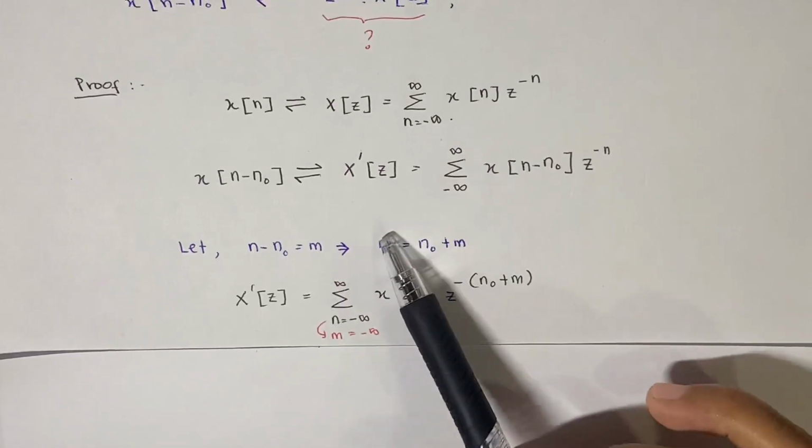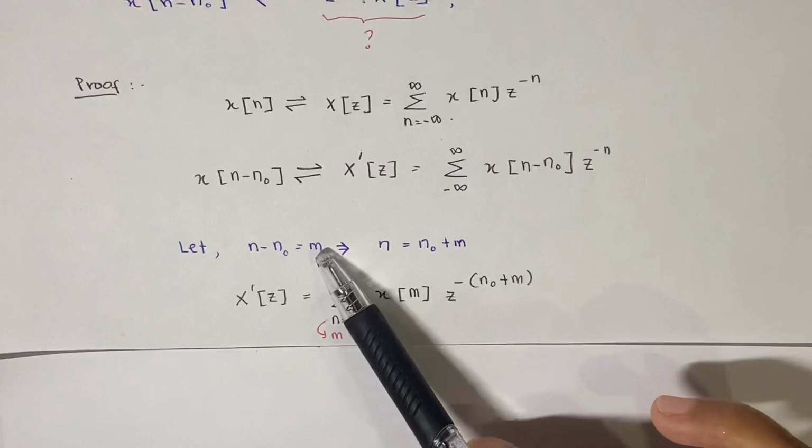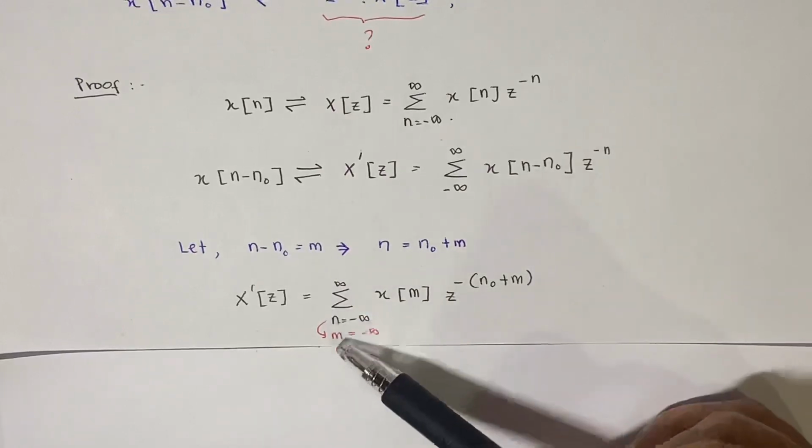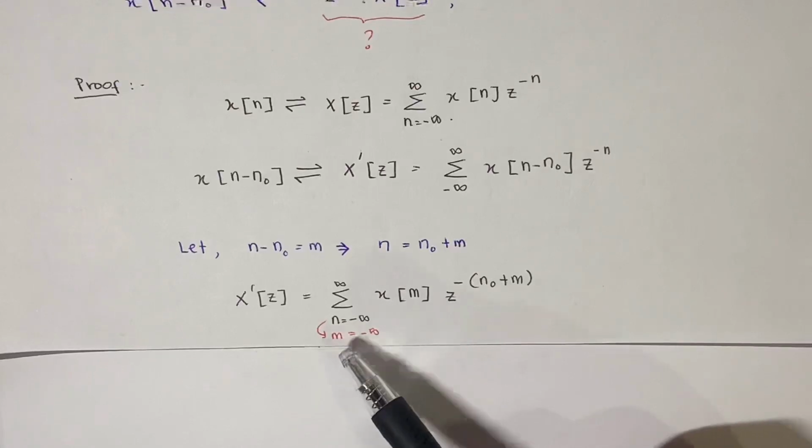So we just need to replace it by m, with no need to write n naught plus m.